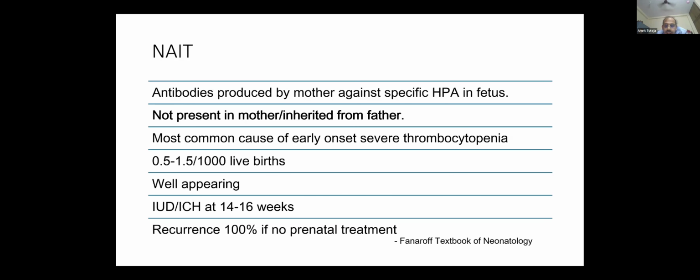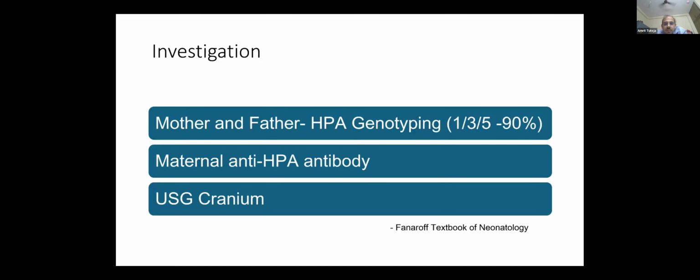Sometimes in 50-60% of cases, the intracranial bleed may happen antenatally only. And if the father is homozygous, then there is 100% risk of recurrence. But overall, it's a 75 to 90% chance. If it is a homozygous variant, then the next pregnancy 100%. Investigations, so HPA has to be tested in both the parents.